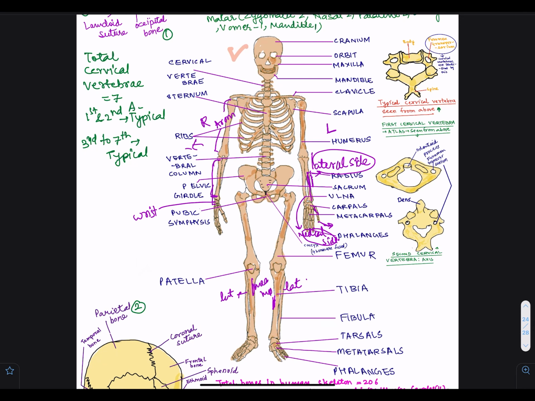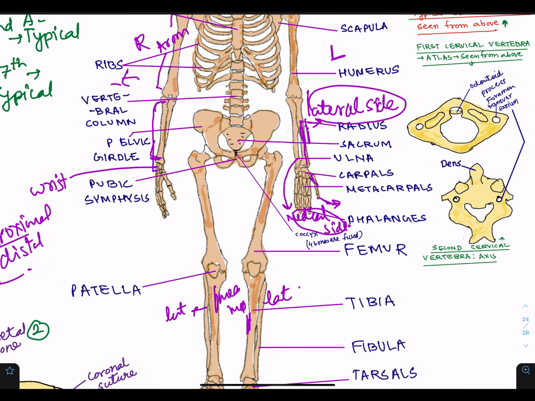And there is one more term, that is proximal and distal. What is proximal and distal? For example, we are talking about these bones of the palm. Then the bones which are away from the wrist will be known as distal, and those towards the wrist are known as proximal.